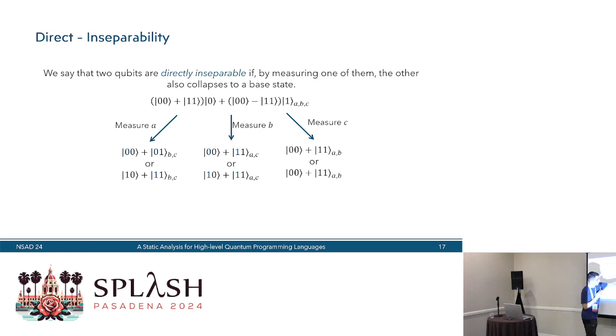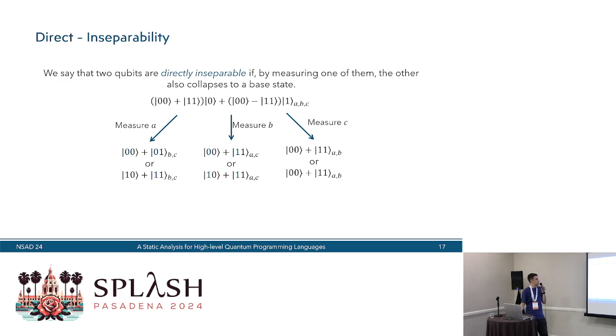The same if you measure B, A is always, okay, this is a typo, should be 0. A is always 0 or always 1. Instead, if you measure C, A and B are in superposition. So with this example, we also see that this property is transitive, because if we measure A, B collapses to a base state. If we measure B, A collapses to a base state.